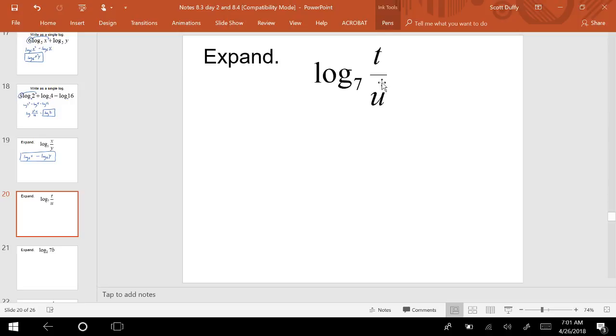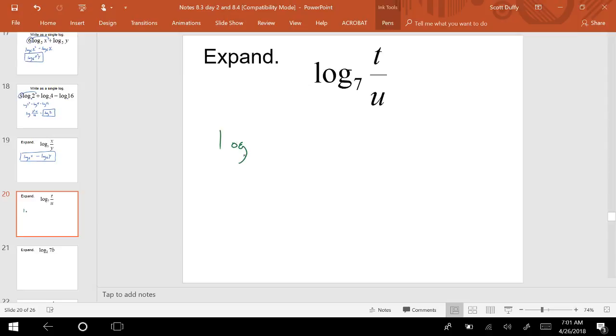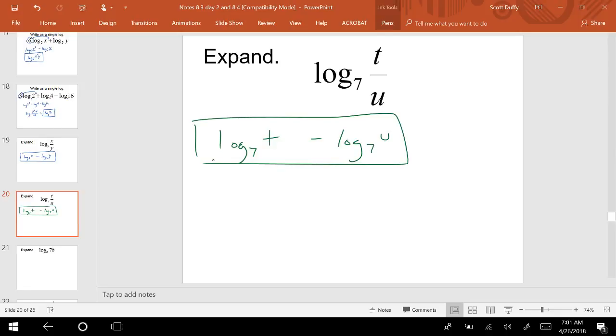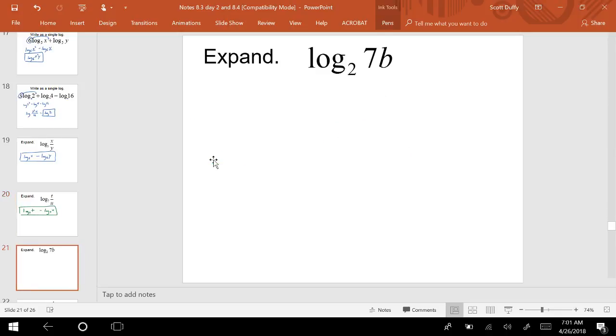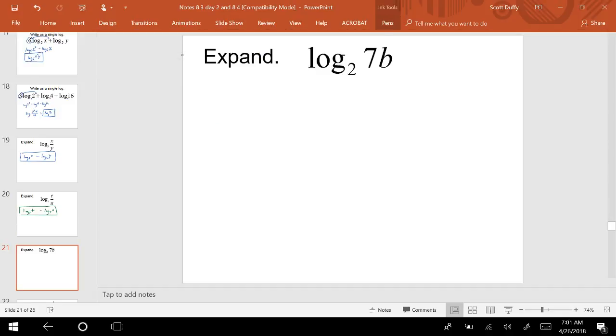Division, when expanding, turns into subtraction, so it's log base 7 of t minus log base 7 of u. What you see right here is multiplication. Multiplication, when expanding, becomes addition. So you can say it was originally log base 2 of 7 plus log base 2 of b.